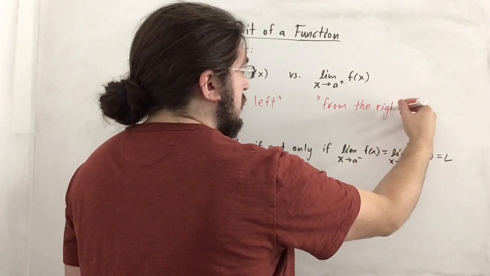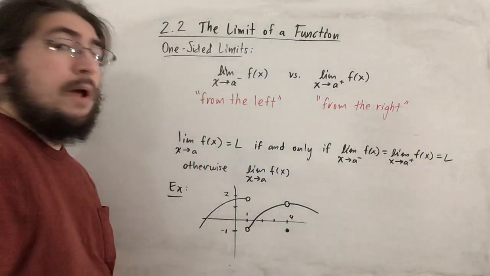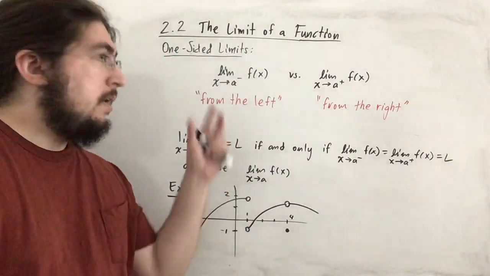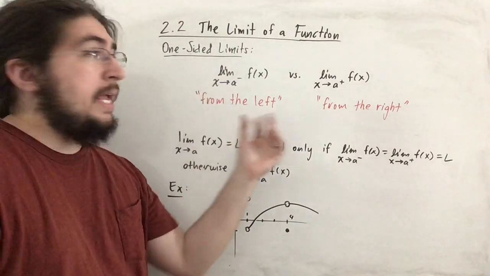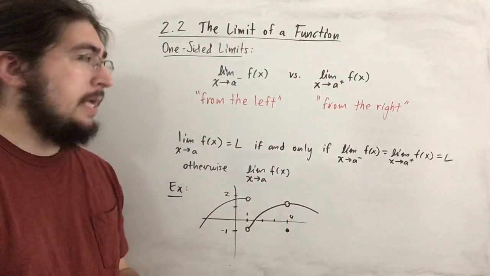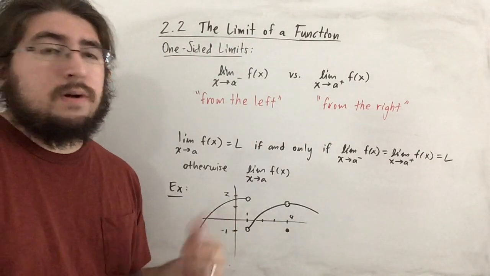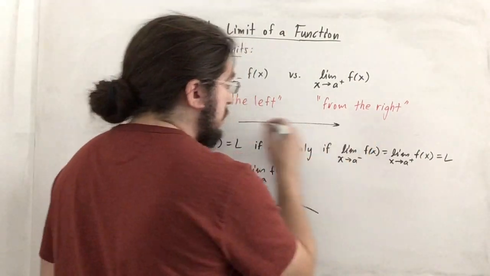Again, all this means is that we're approaching A from the right and from the left, respectively. So we're only plugging in numbers that are smaller than A, only numbers that are less than A. So why do we use from the right and from the left? Well, think of how the number line works.